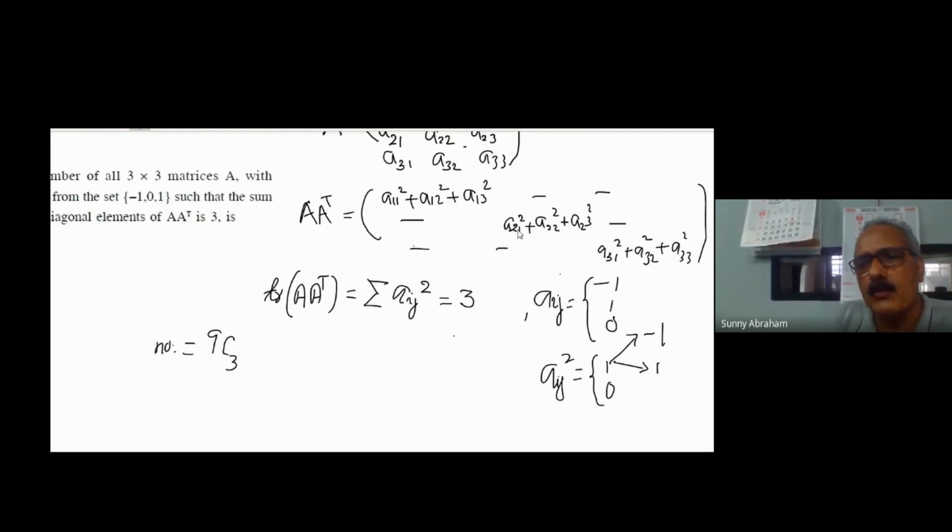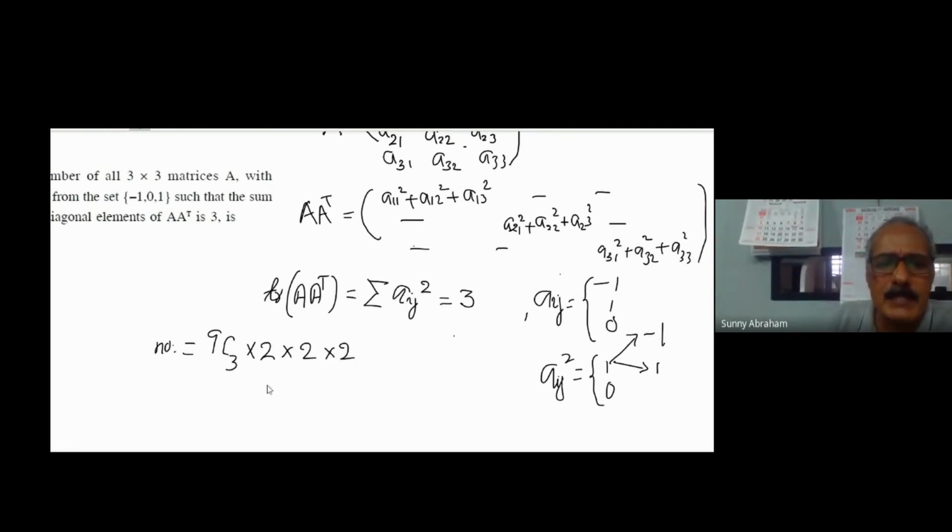All the other entries, A21, A22, etc., should be 0. So we select 3 out of the 9, which can be any of the 3, and each selected one should be either +1 or -1. Therefore A11 can be selected in 2 ways, A12 can also be selected in 2 ways, and A13 can also be selected in 2 ways.